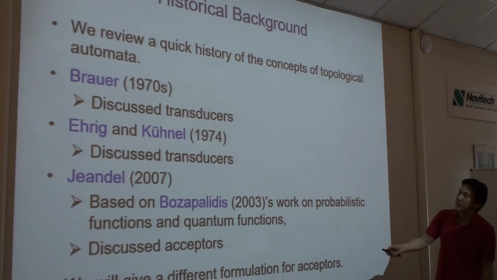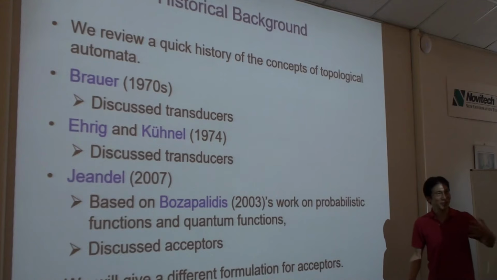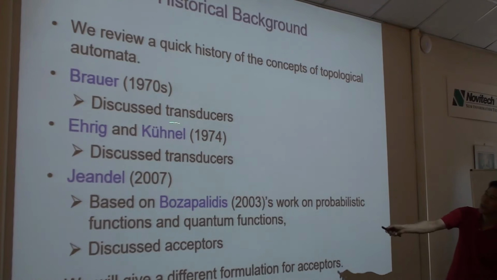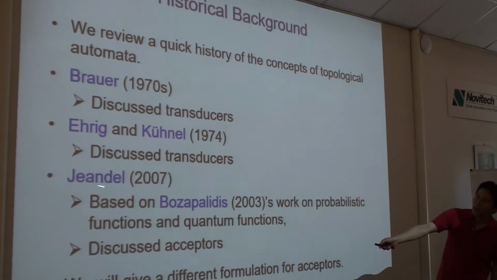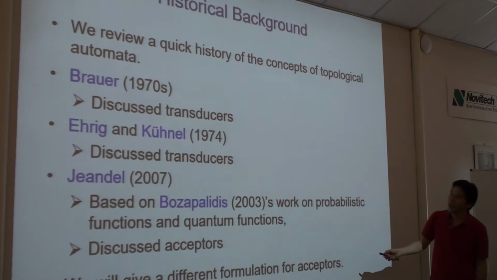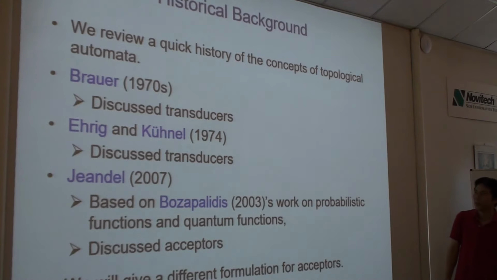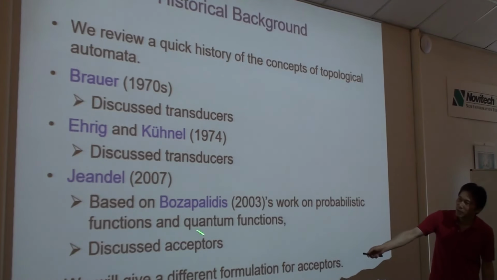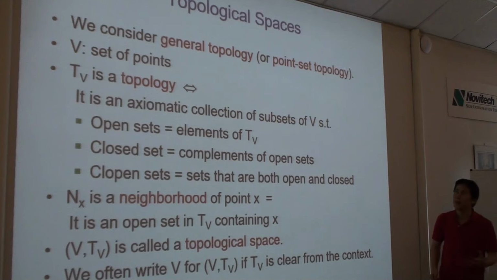Then later in the 1970s, Ehrlich and Kuhnel continued talking about transducers using the notion of topology. In the 2000s, Giandel introduced another model using acceptors for topological automata. My work today is more or less based on Giandel's idea, but I give slightly different definitions, so you will see what the definition would be.